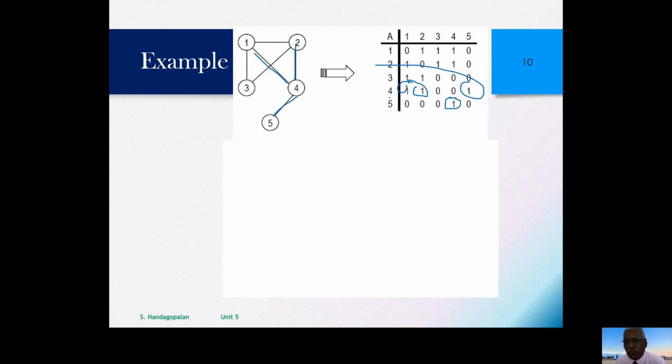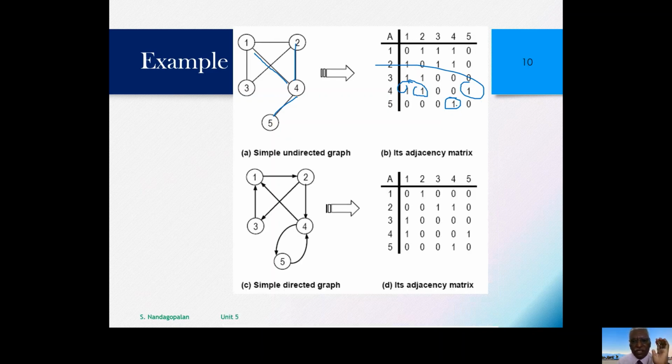So I now have the adjacency matrix where, if there exists a direct edge from any vertex to any other vertex, I just put 1, otherwise I put 0. Now the directed one, same thing: from 1, I have 1 to 2 only. Only one edge is there, so only one 1 will be there. And from 2, I have 2 to 3 and 2 to 4.